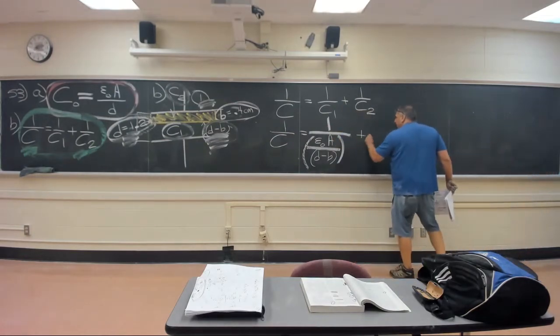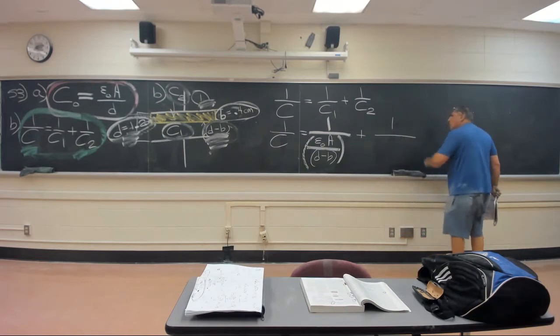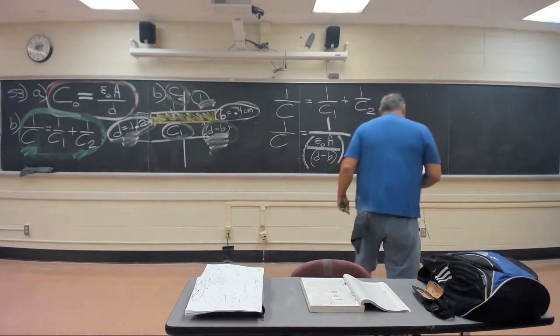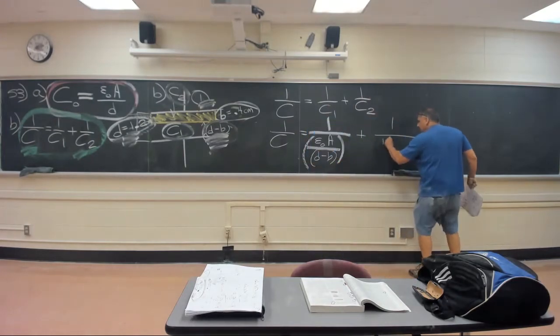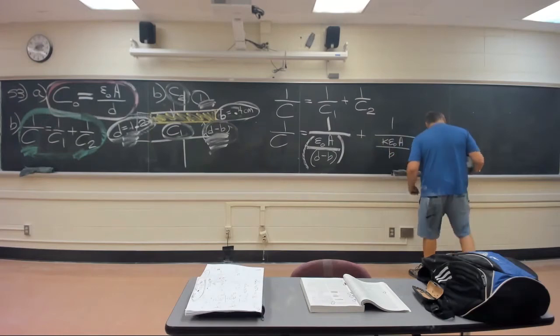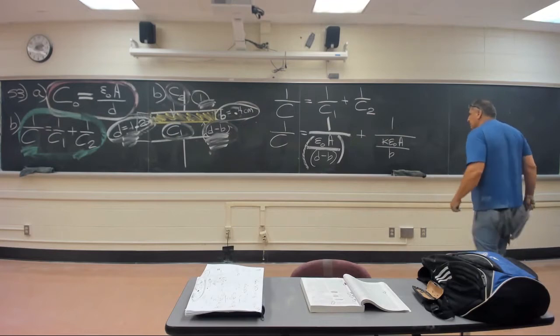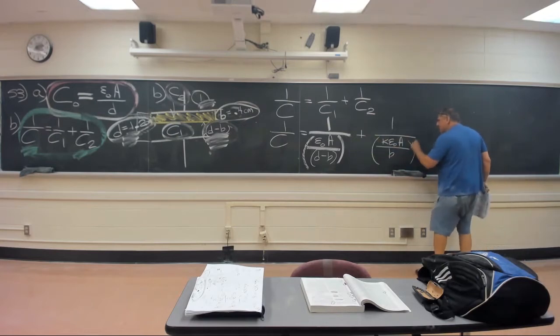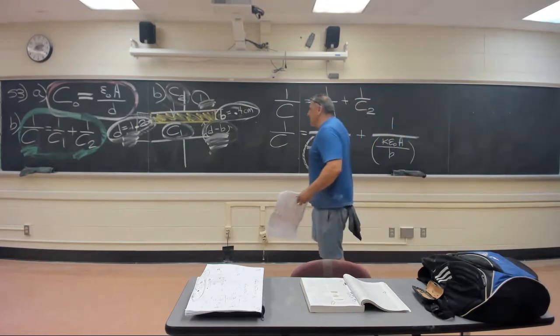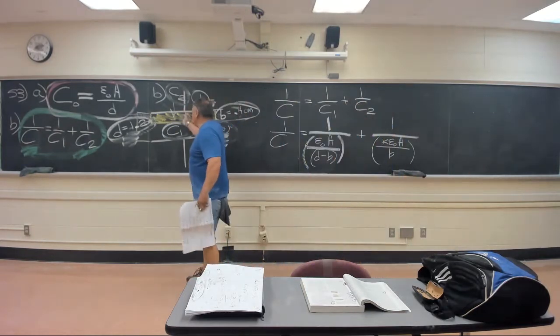The second scenario is 1 over kappa epsilon naught A over the thickness of the slab, which is B. That's it. This is the mathematics. Now we have to solve it, but this is the mathematics that will solve this scenario.